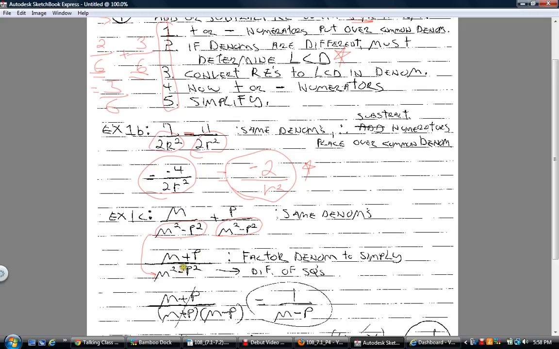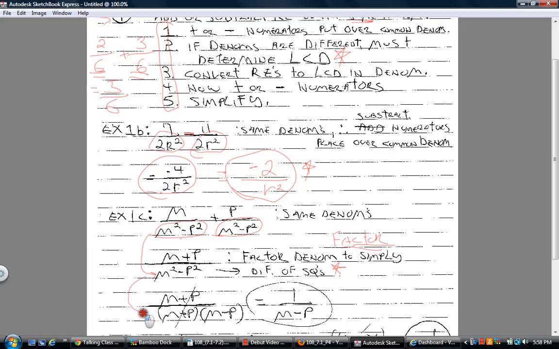Now you think you're done, but before you simplify, you've got to factor, factor, factor. I know I'm a broken record here. m squared minus p squared, what does that look like? You got it. Difference of squares. Factor it out: m plus p times m minus p.